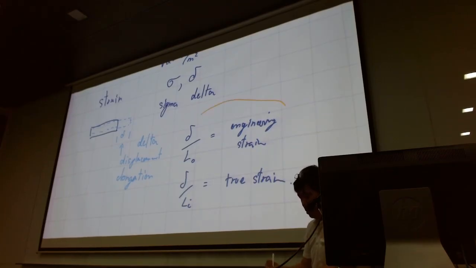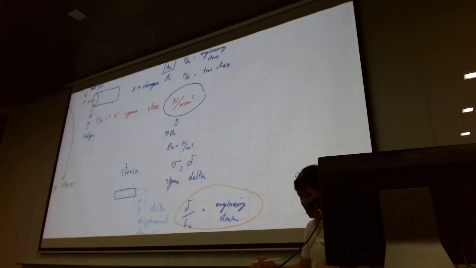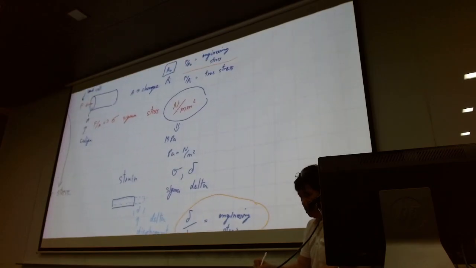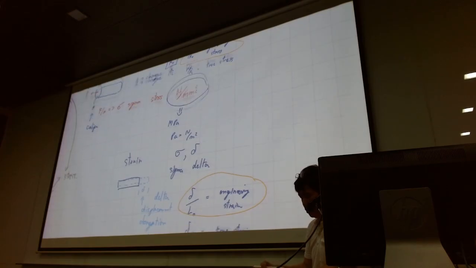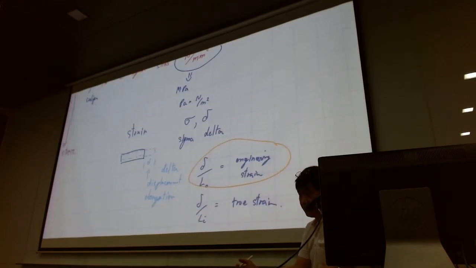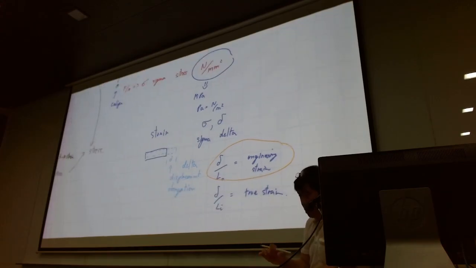So what we do in real life, we do engineering strain, we do engineering stress, but we don't do the true strain or true stress. So the reason why we do this is because whenever you want to explore a new material to see if it fits for our design, we have to do this kind of test.